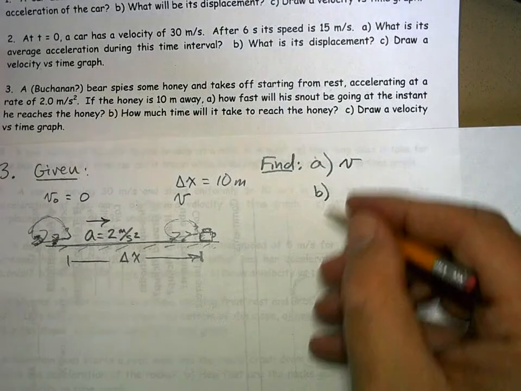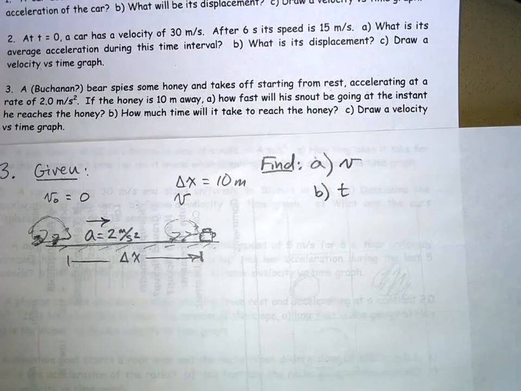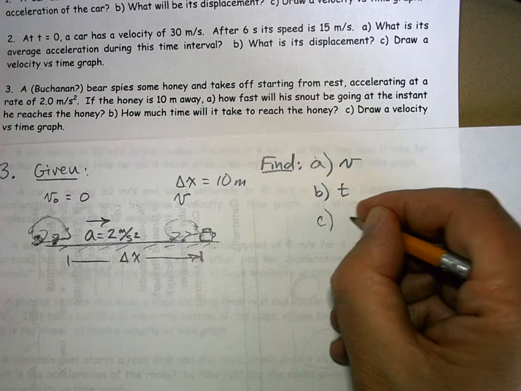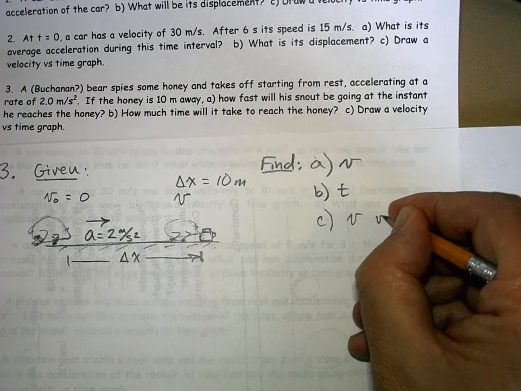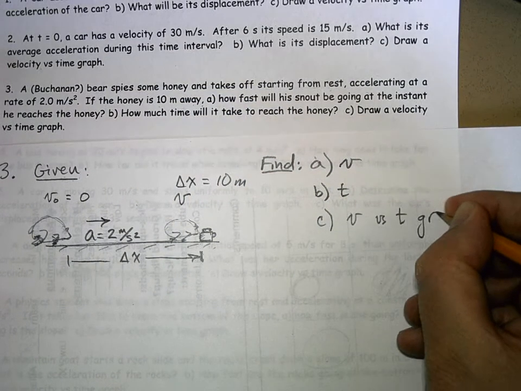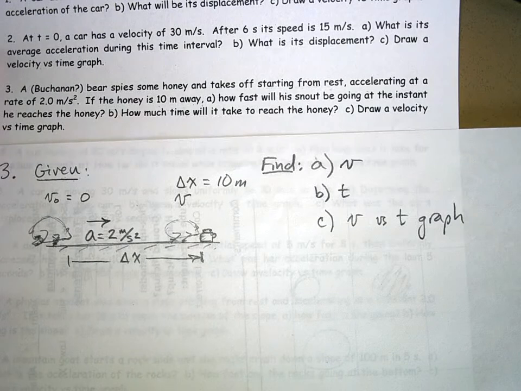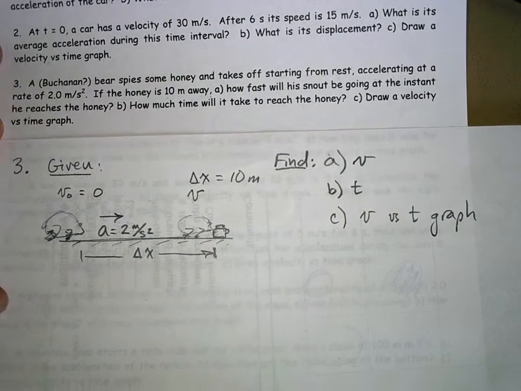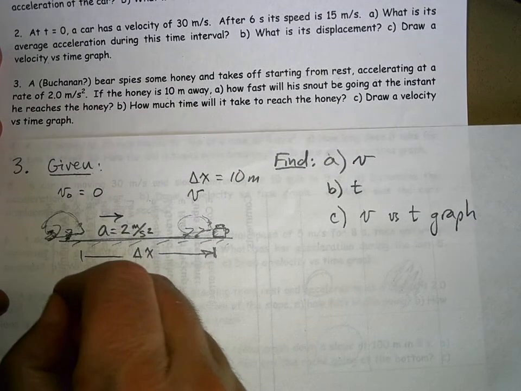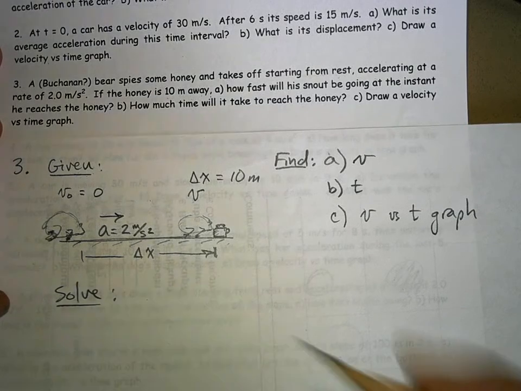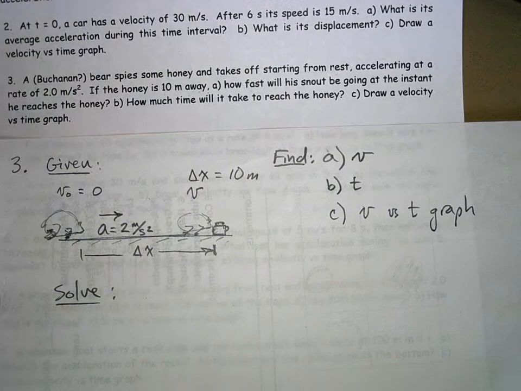And then B, how much time will it take to reach the honey? And C is the velocity versus time graph. And then we're going to solve. Now, if you do this correctly, the rest of the problem goes so much faster.